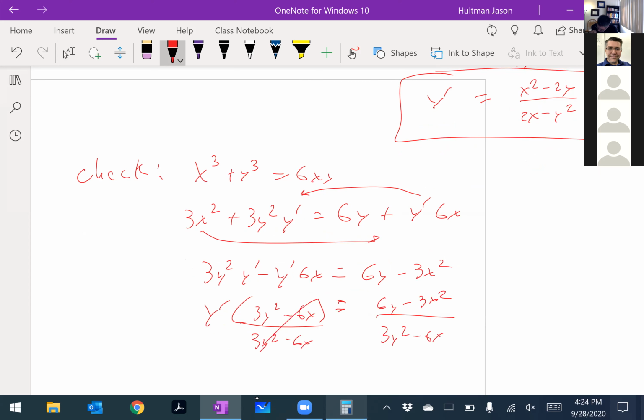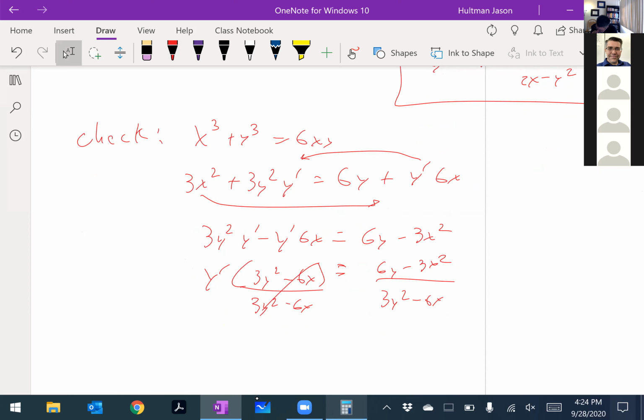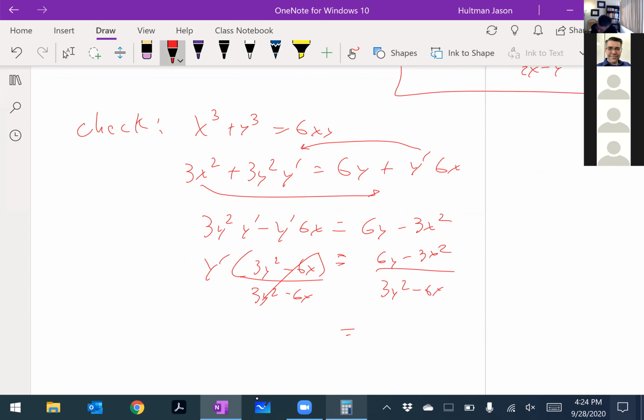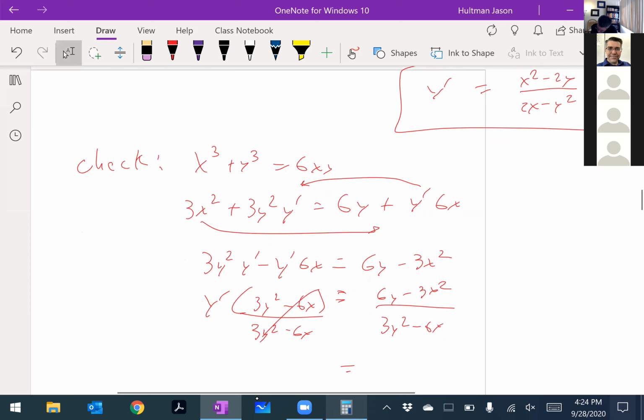If I pull out a negative 3 over negative 3, I'll get the exact same thing I got on the top: 2x minus y squared over x squared minus 2y, and so it does check. So we can use partials to implicitly differentiate.